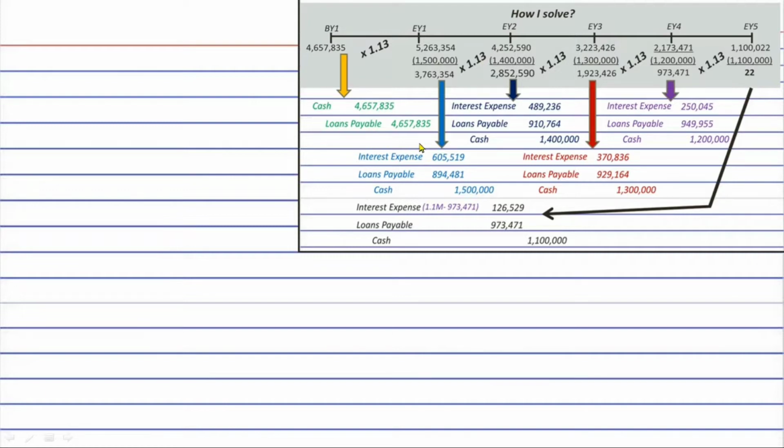Anyways, let's have the entries featured in most of your books. Let's have the entry at the beginning of year 1. Instead of this entry right here, the alternative entry is debit cash 5 million and credit loans payable 5 million.